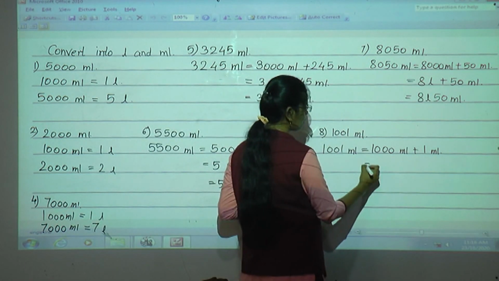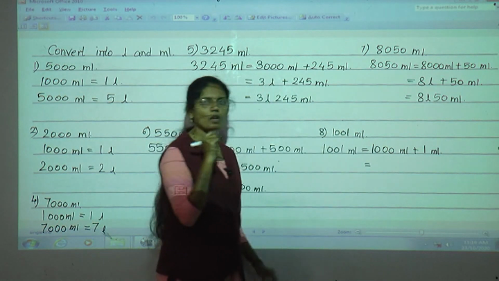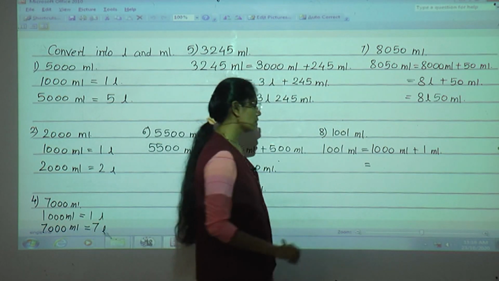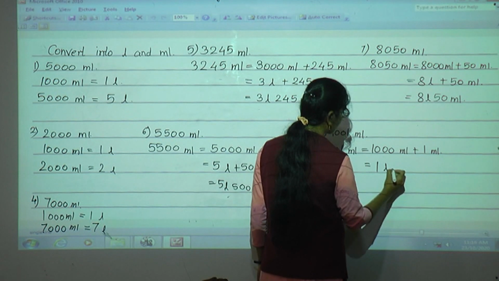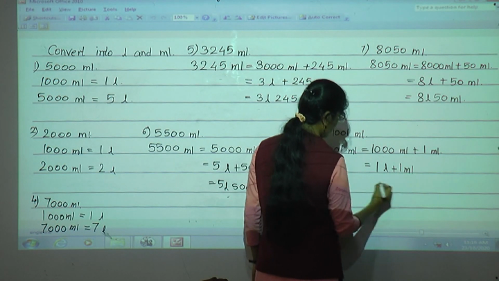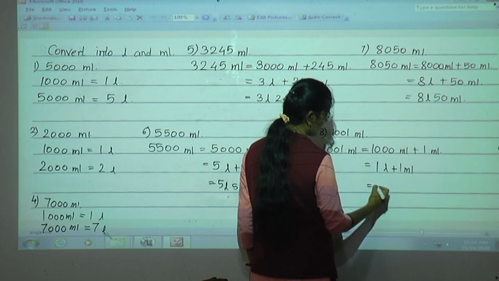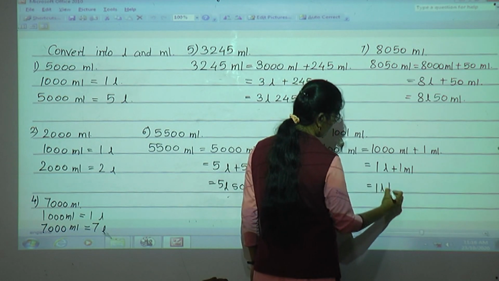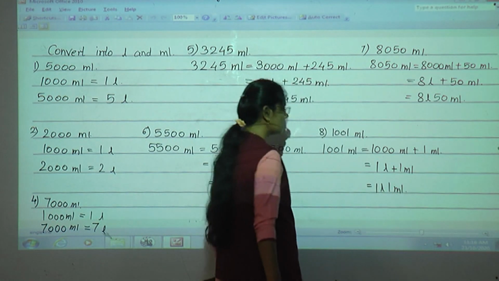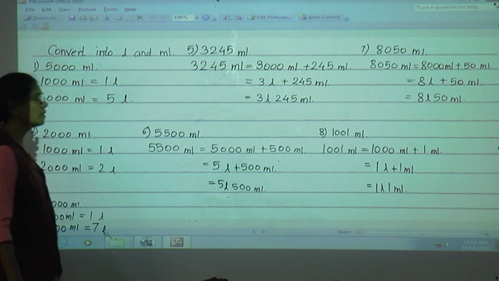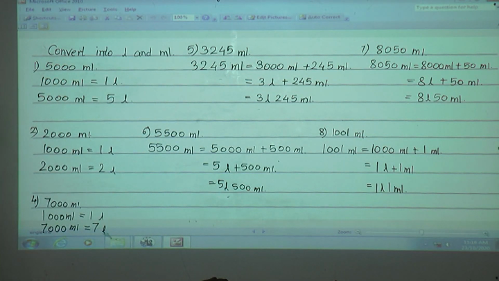Now in the step 2, this 1000 ml is equal to how many liters? 1 liter. So here we will write 1 liter plus 1 ml. Now step 3, just remove plus sign. 1 liter and 1 ml. 1 liter and 1 ml is equal to what? 1001 milliliter.